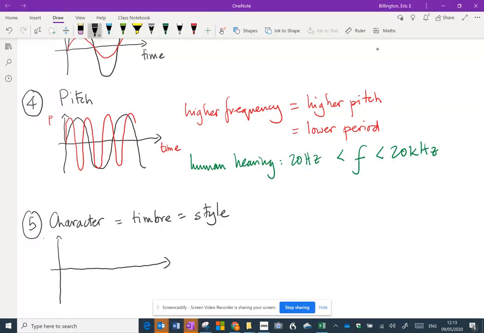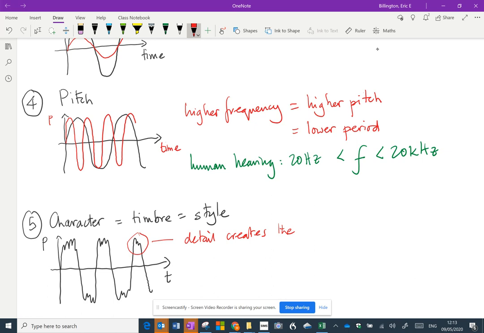And the reason is because of the shape of the wave. So this might have the same frequency, but the detailed shape of the wave, detail creates the character. And the frequency of the detail might be anything up to 20,000 hertz.